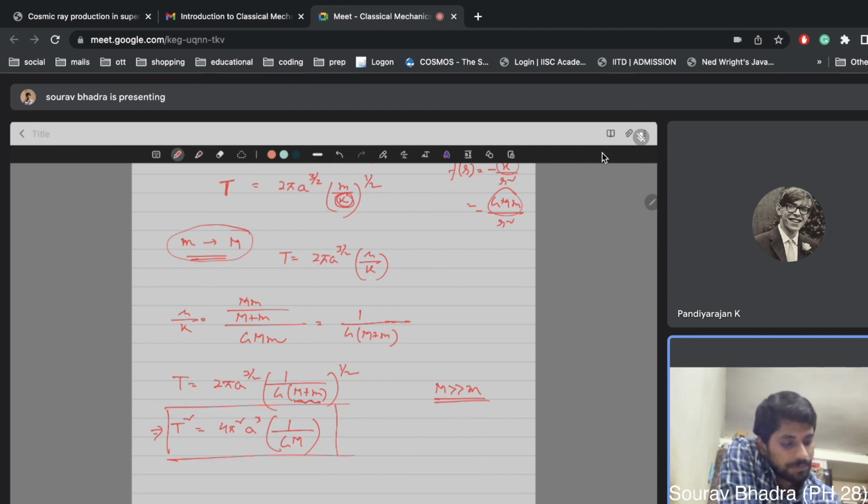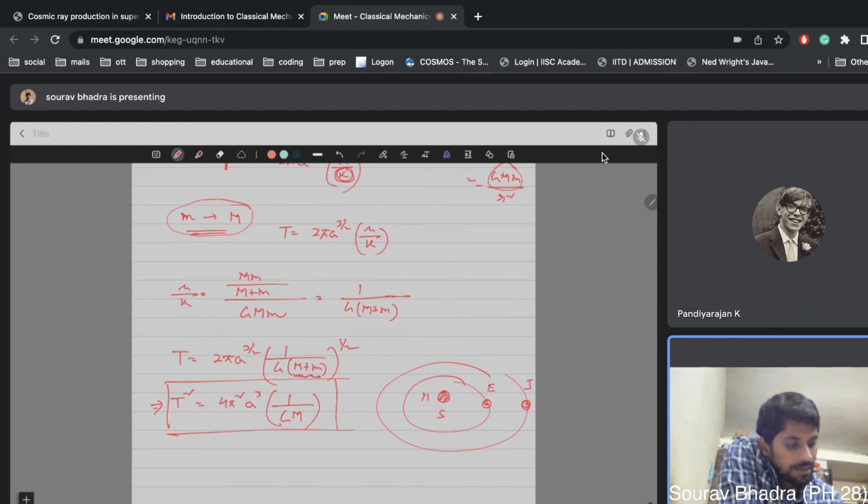Now suppose here is the sun, it is the earth, it is Jupiter, just suppose. So the expression of the time period doesn't have the mass of earth and Jupiter, because they are very small compared to the sun, and it has the mass of sun only, that is capital M. So this G is constant, 4 pi is always constant.